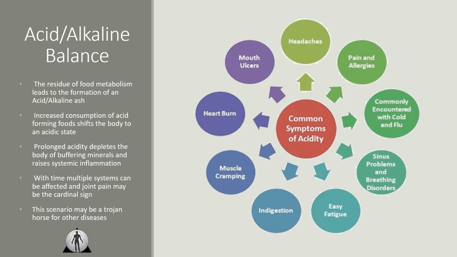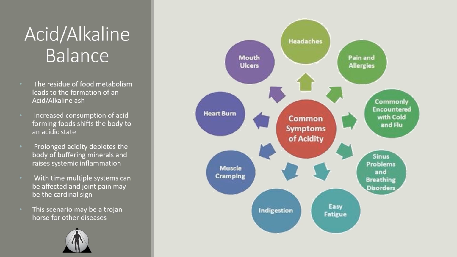Prolonged acidity depletes the body of buffering minerals and raises systemic inflammation. If the body is in an acidic state, it has to try to buffer it and bring it back to neutral, and it does that by utilizing stored minerals in the form of calcium, magnesium, potassium, and so forth. It's got to bring those out of reserves. Well, guess where that all comes from? Most of the time, connective tissue.